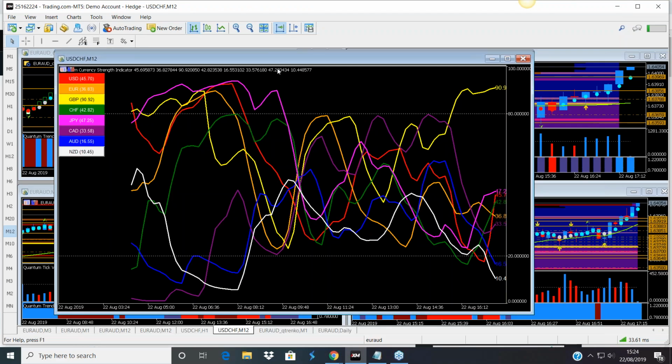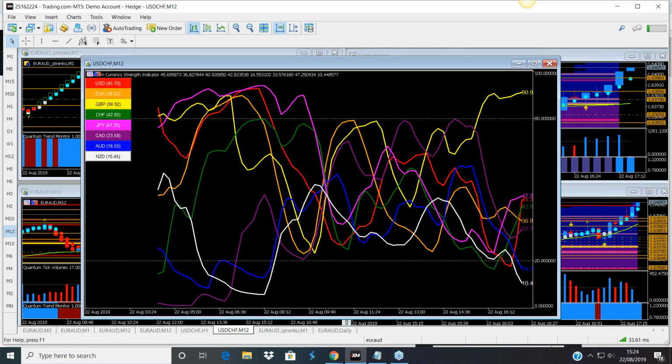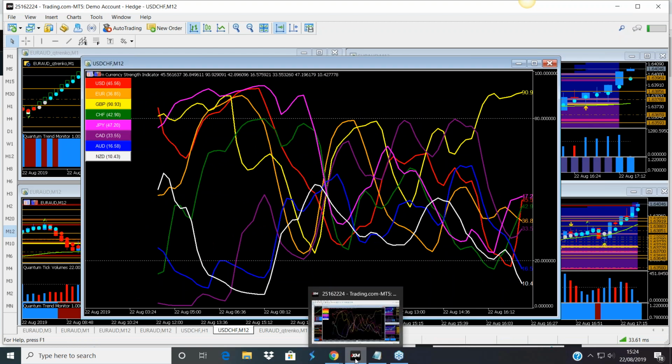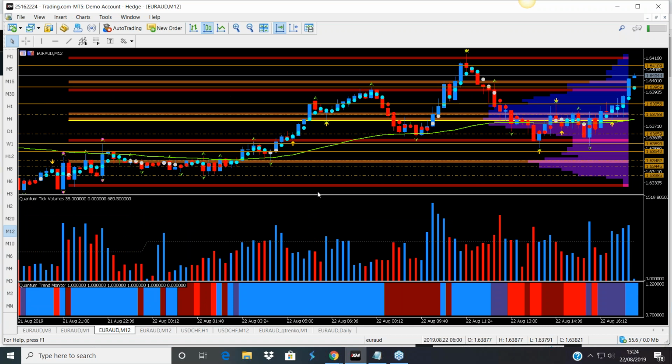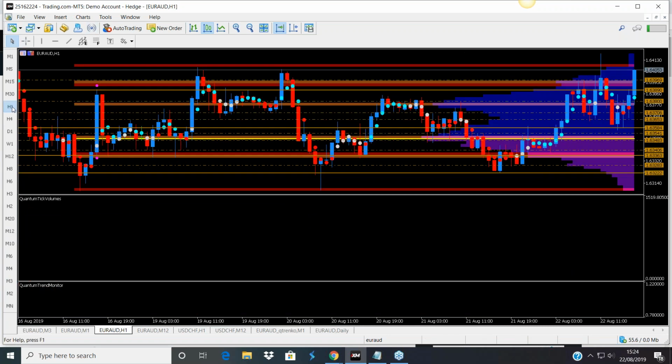Basically, this morning, what we were talking about was time, and what we were looking at was the Euro Aussie and the combination of time frames that I was using from 6 o'clock this morning, just before the European Open. It was the Euro Aussie because today we've had a lot of European news.